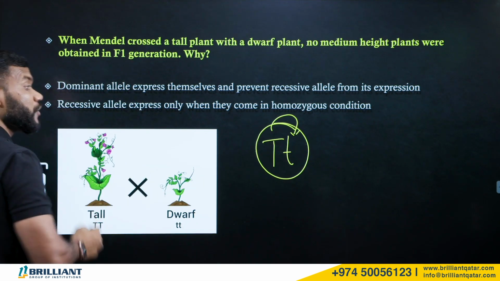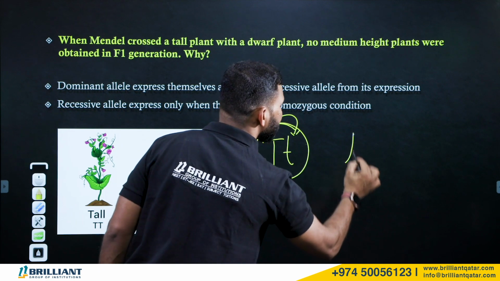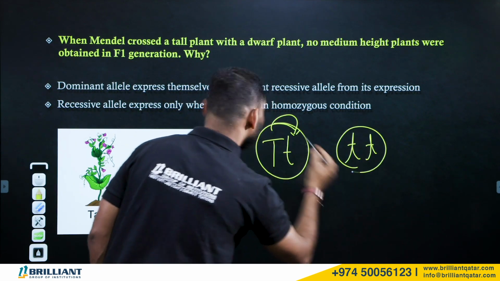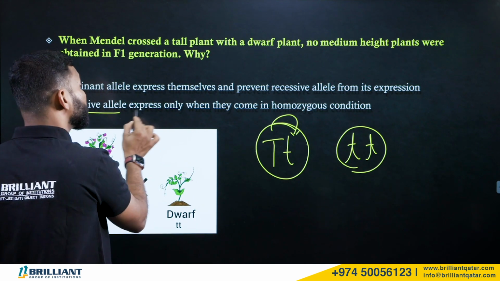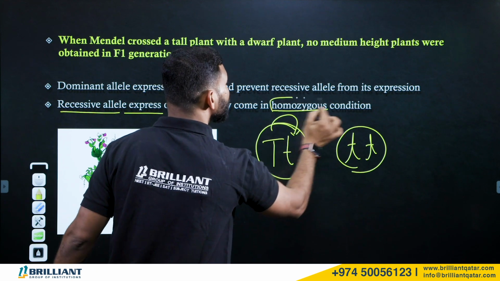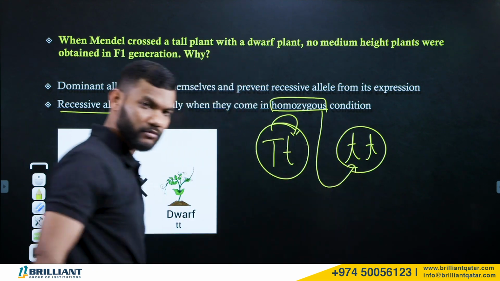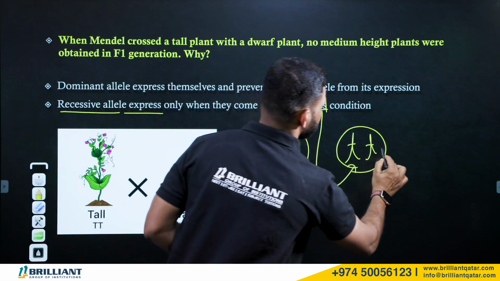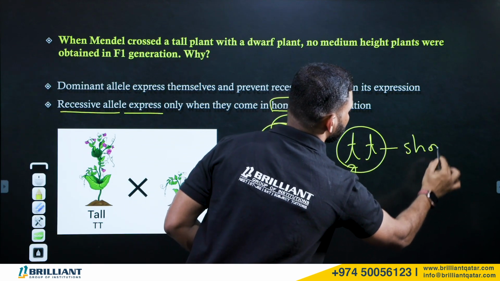So you will be thinking, then why do small t and small t not express? Two recessive alleles will express only when they come in a homozygous condition. If they come like this, small t small t, only at that time will they express, and that time the plant will be short.